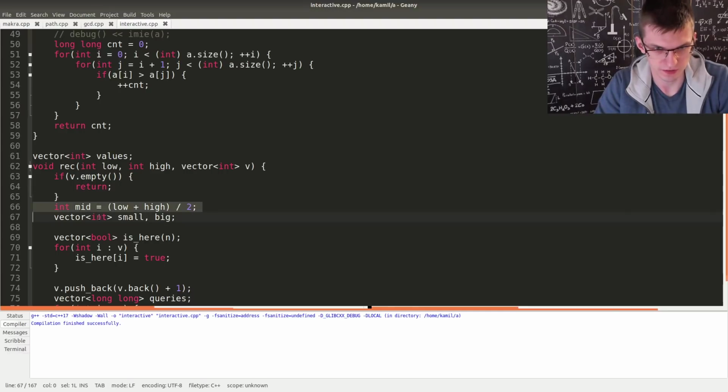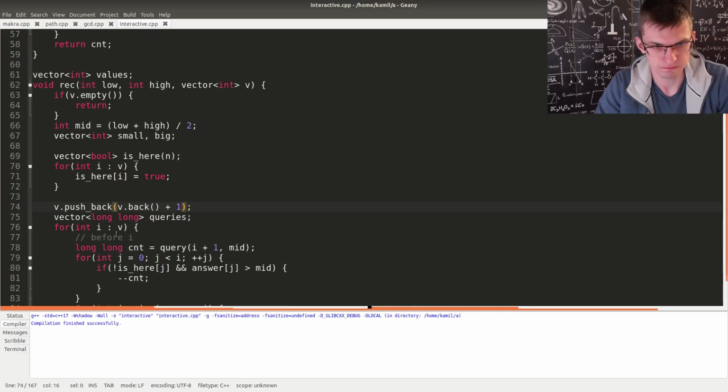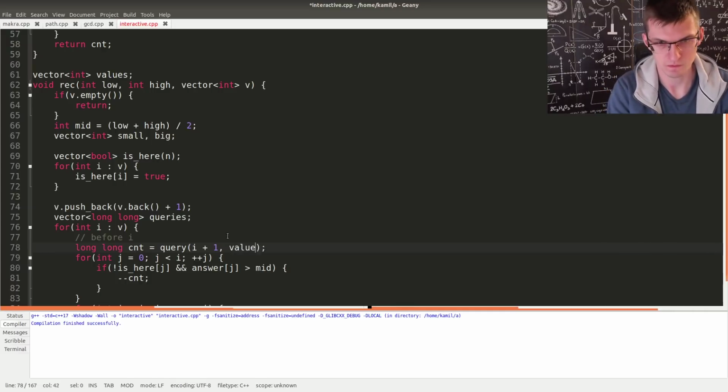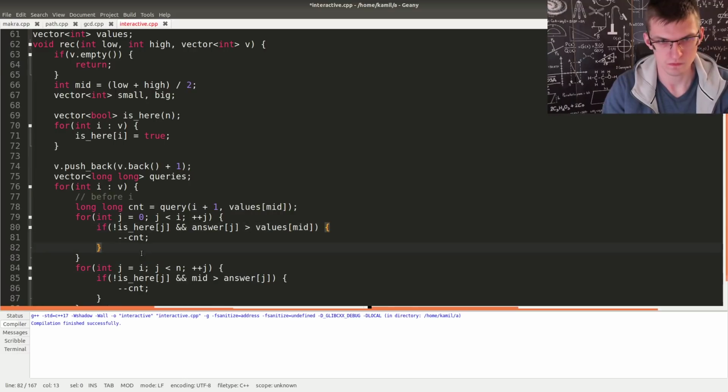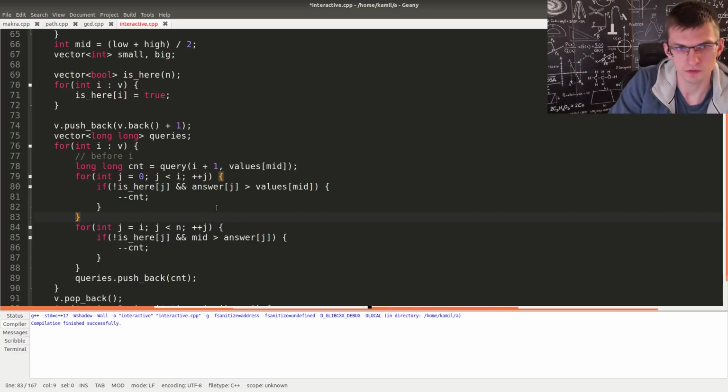This is index again. Values of mid, values of mid.